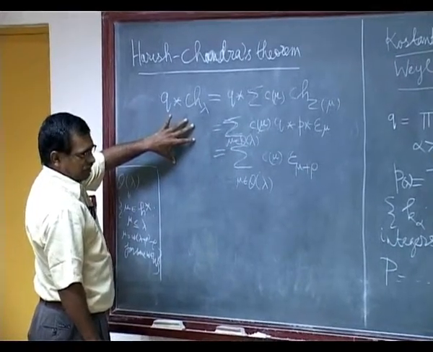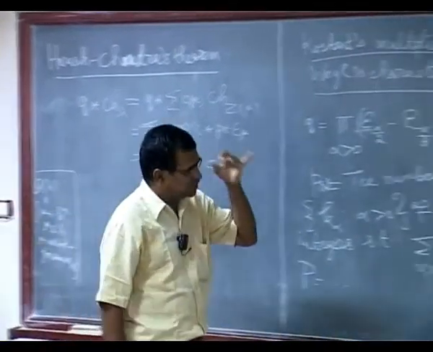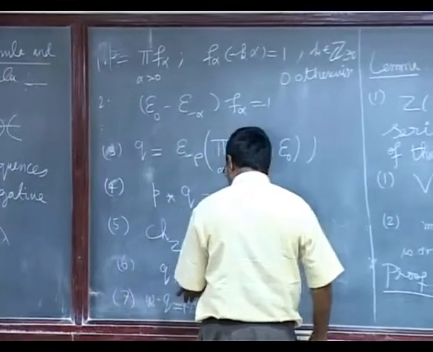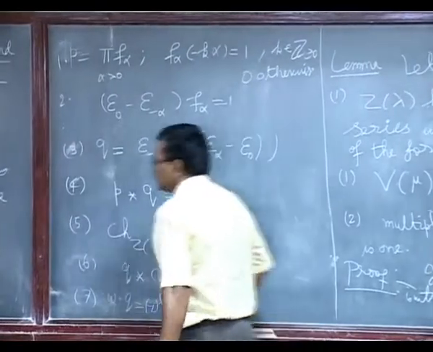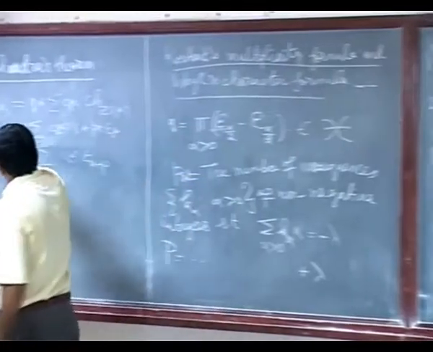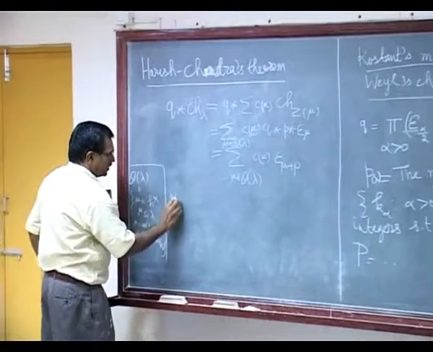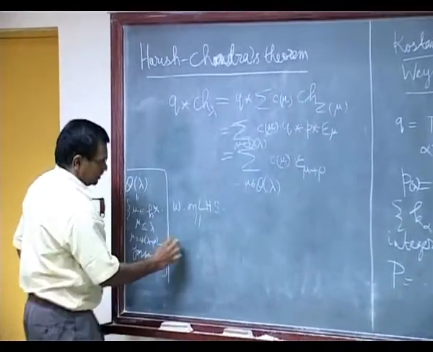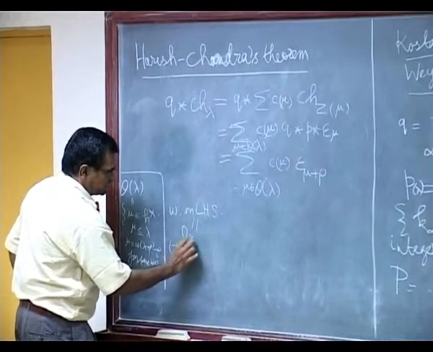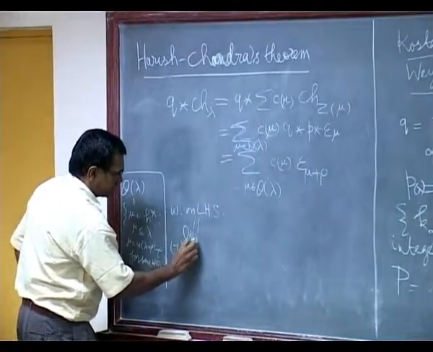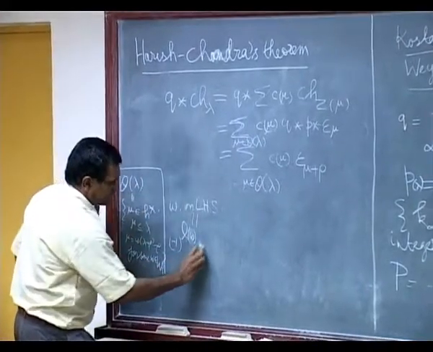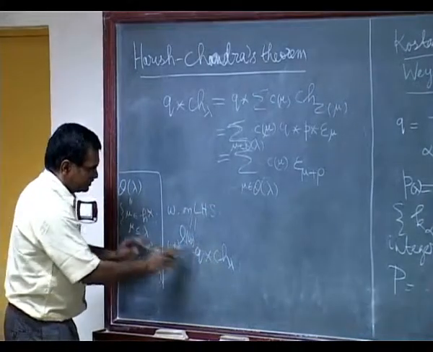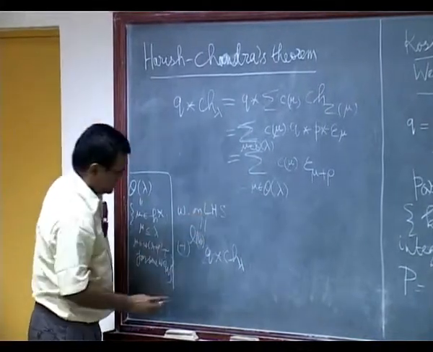Now I told a couple of things. One is that the character of ch lambda is W invariant. The other one is that W q is this one. So on the LHS I apply W, equal to minus 1 to the power length W times q star ch lambda, because this is W invariant and this is the signature by that one.